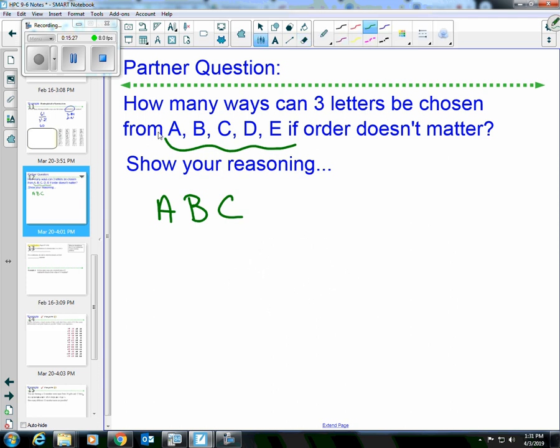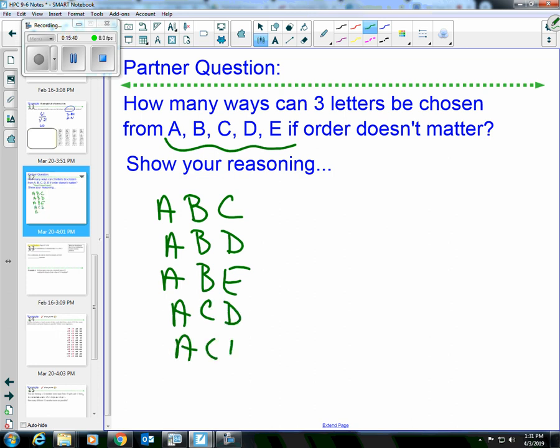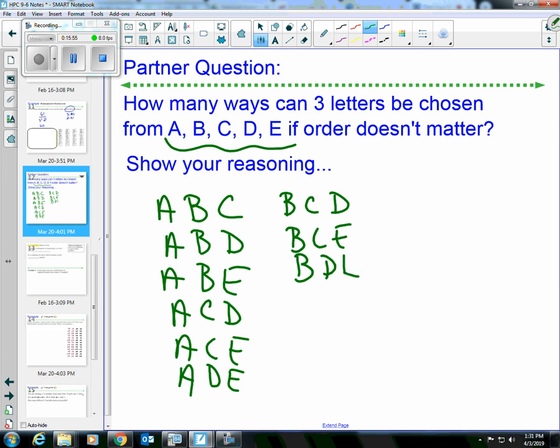So all the separate ones: I could do ABC, ABD, ABE, all the ones starting with AB, and then ACD and ACE. Now how about A and then a D? Those are all the ones that start with A. Then BCD, all the ones that start with B, BCE, BDE, and then CDE.